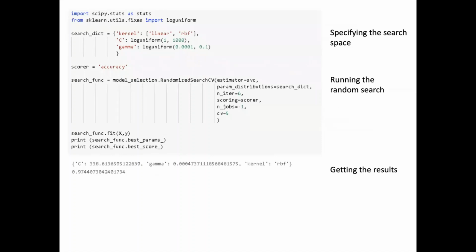Let's see first an example of how you can set up a random search in scikit-learn. In this case, what you have to do is just define for C and gamma where to pick the values from. Here, we have chosen a uniform log distribution. It means that it will sample uniformly from the log values of the range you have provided.